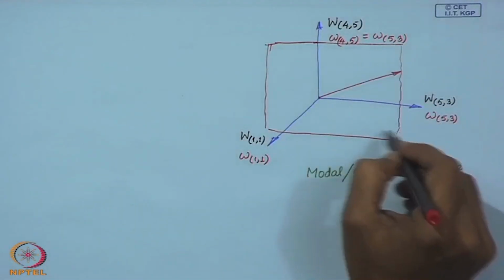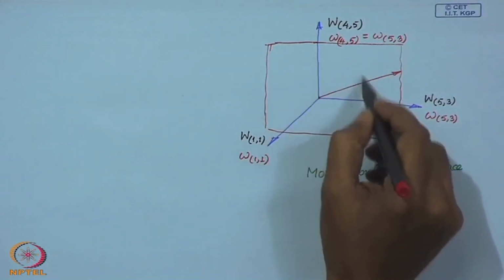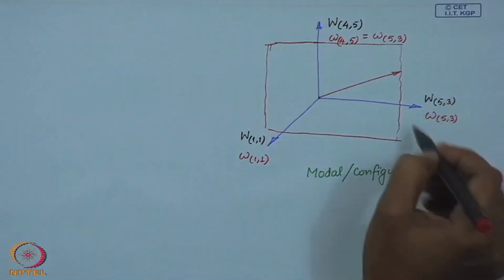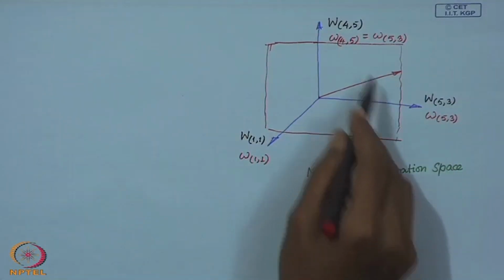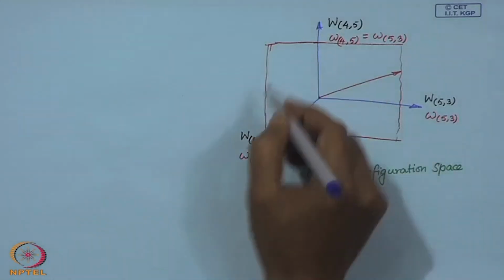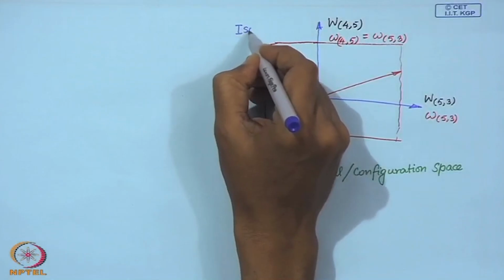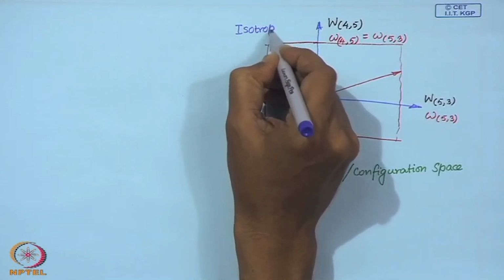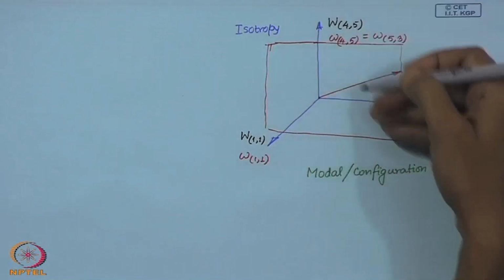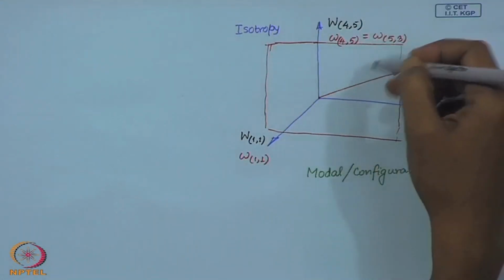So, anything that lies in this plane, any vector, any function that lies in this plane is also an eigenfunction of omega 53. So, we have some kind of an isotropy in this modal space. So, this plane is isotropic, any function on this is an eigenfunction.